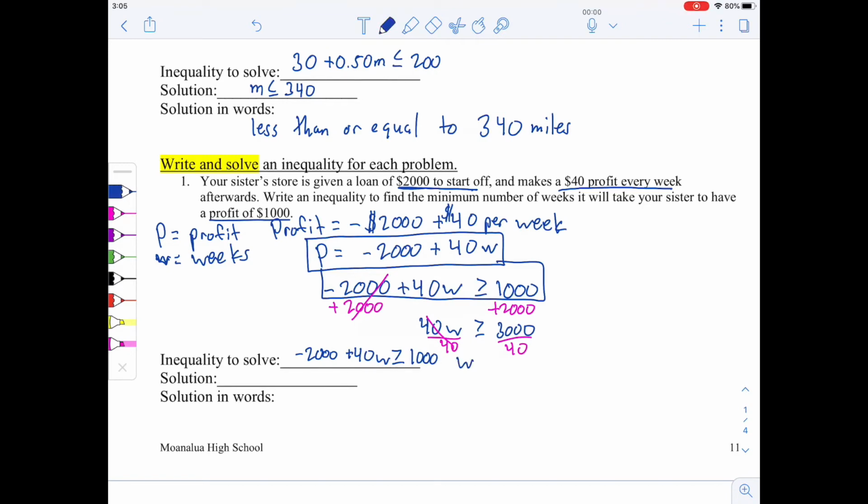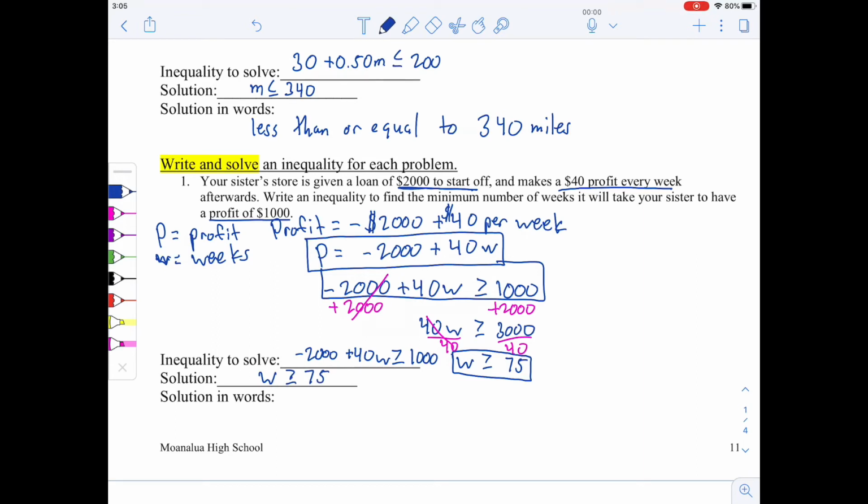So W is greater than or equal to 3,000 divided by 40. You can use a calculator. 3,000 divided by 40 is 75. And that's our solution right there. So W is greater than or equal to 75.